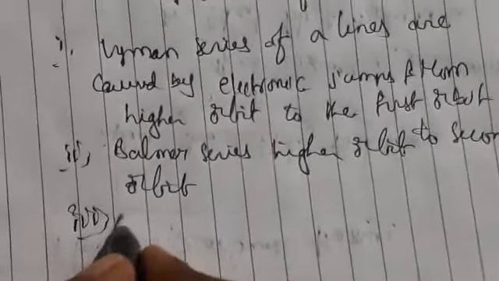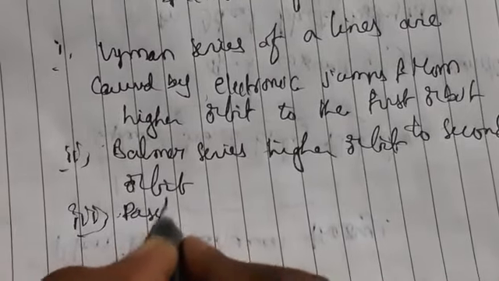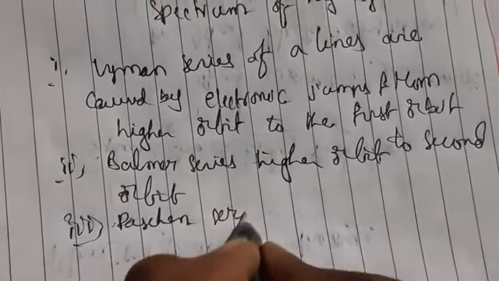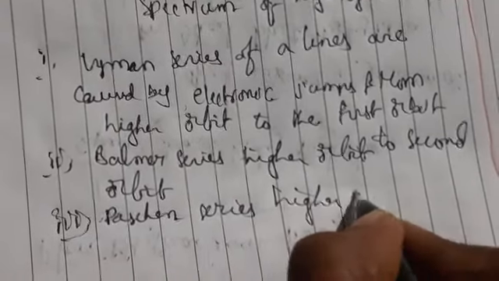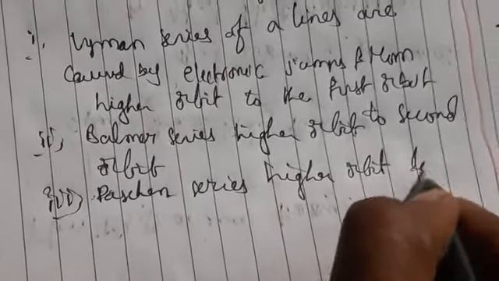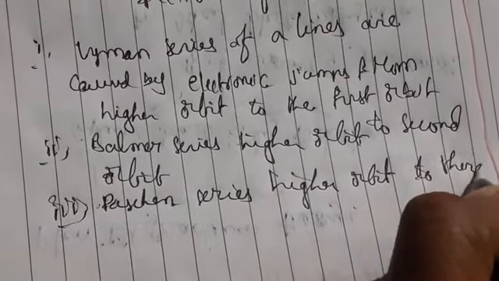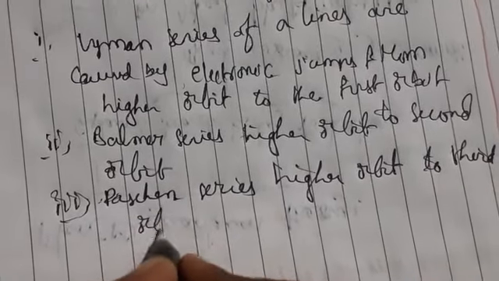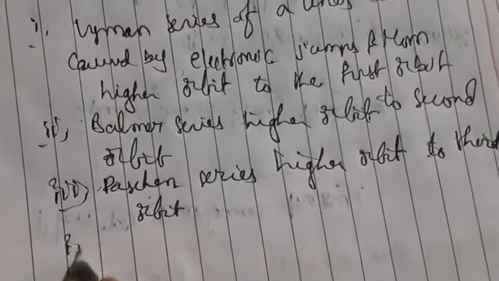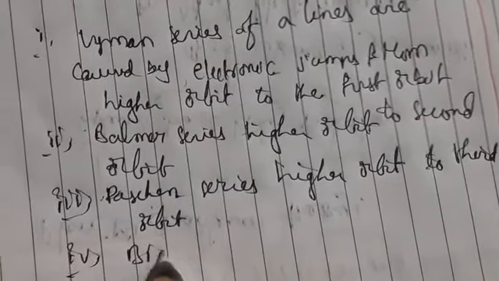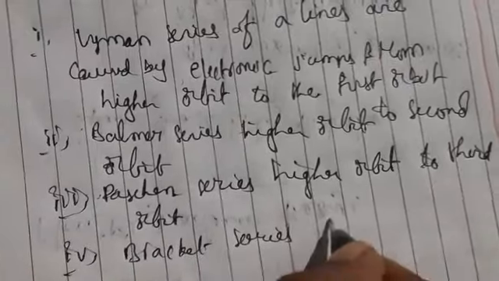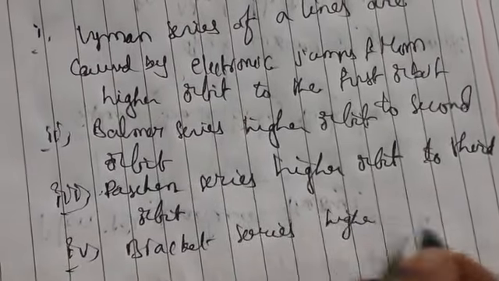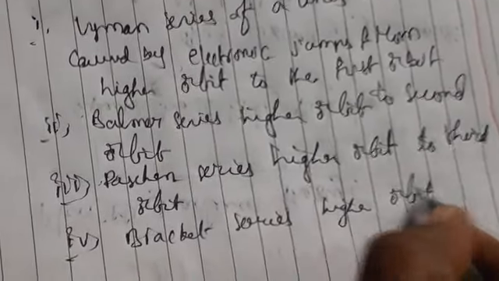The third one is the Paschen series, from higher orbit to the third orbit. Next, the Brackett series, from higher orbit to the fourth orbit.